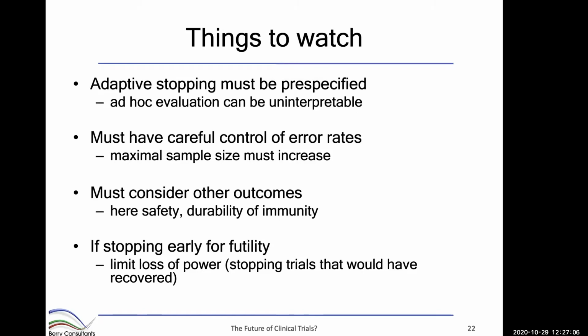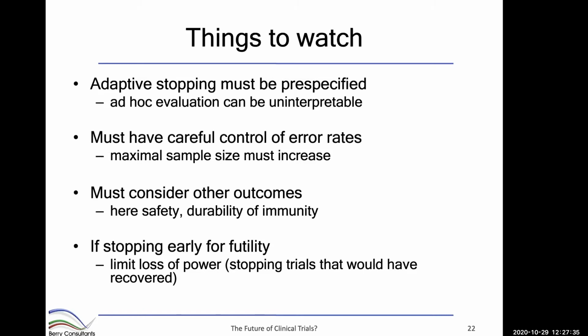It ends up being a mess. So for example, it's difficult to put this in the hands of a DSMB without guidance. Now, that's not saying the DSMB can't respond to safety risks, or to signals that are so vast that they just have to stop for loss of equipoise, but for general adaptive stopping that gets you efficiency gains, you need to pre-specify it.